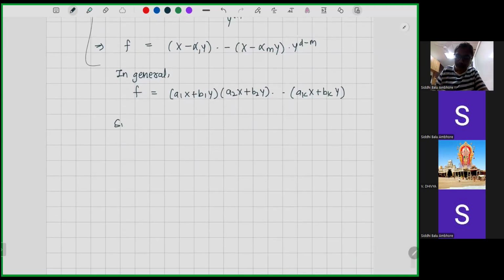But since f is prime, f will be generated by one of these terms. Let it be ax plus by for some a, b in k.